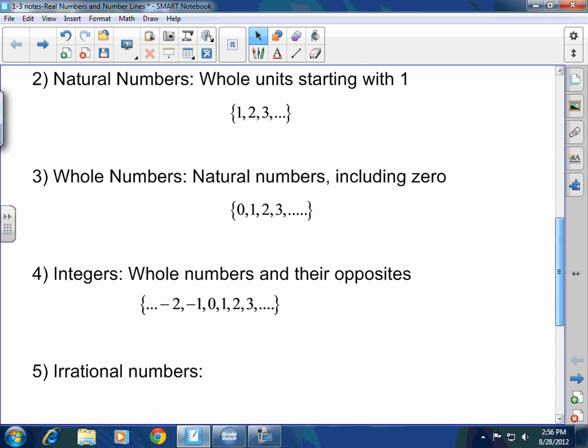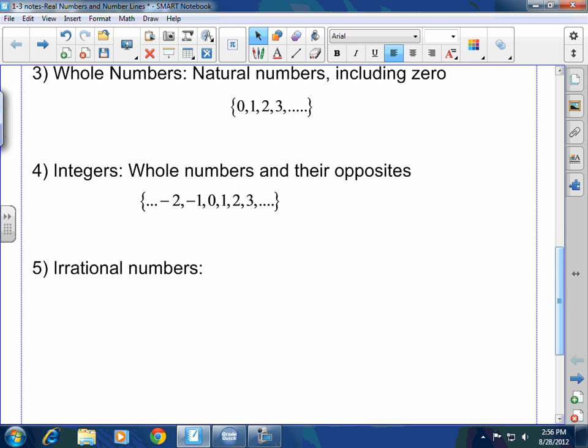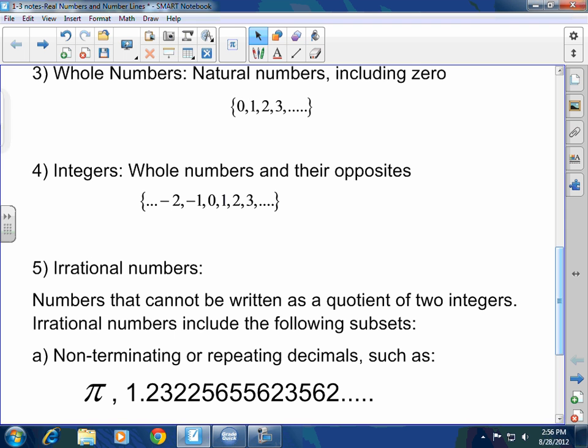And the last type of number set that we're going to be talking about in Algebra 1 is irrational numbers. Irrational numbers are numbers that cannot be written as a quotient of 2 integers. In other words, they cannot be written in fraction form.